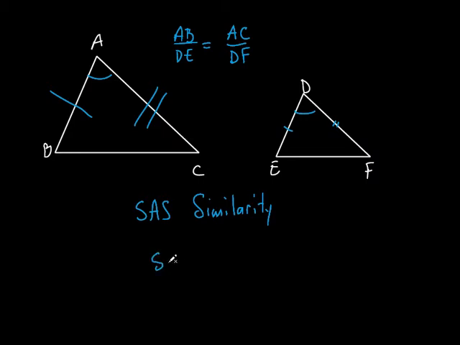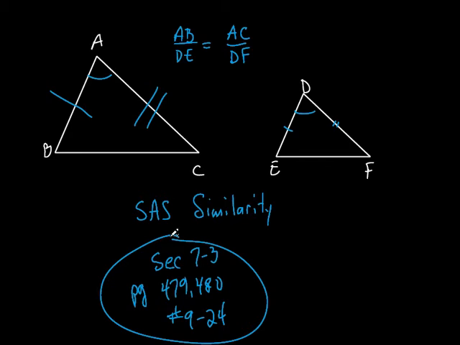So it's section 7.3, page 479, 480, 9 to 24. Read the example. It'd be a good idea to read the example to see what you're supposed to be doing. I think you can get it. You knew how to do congruent triangles and all that, and it's kind of close to it.